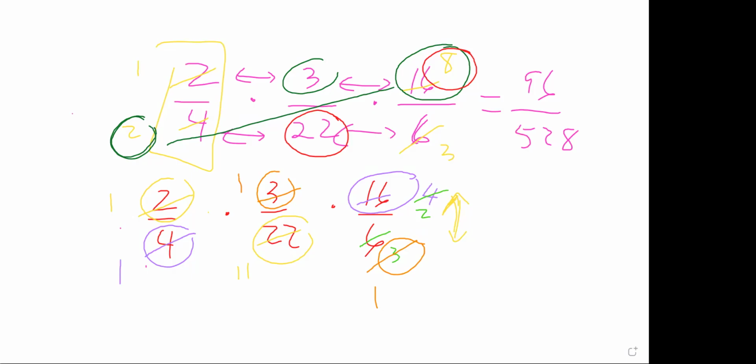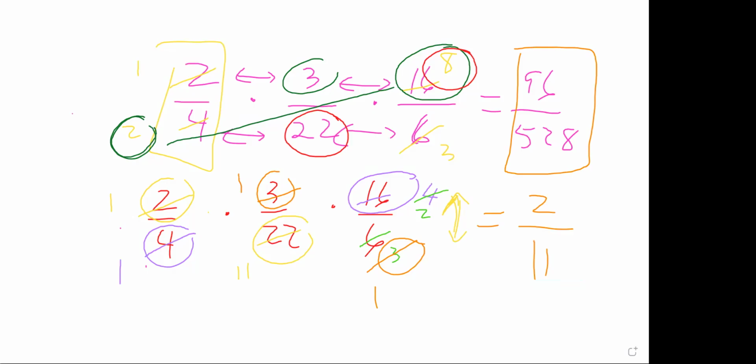So now I'm going to do 1 times 1 times 2 is 2. 1 times 11 is 11, times 1 is 11. Wow, 2 over 11. So this whole multiplication problem becomes 2 over 11. So 96 over 528 is 2 over 11.